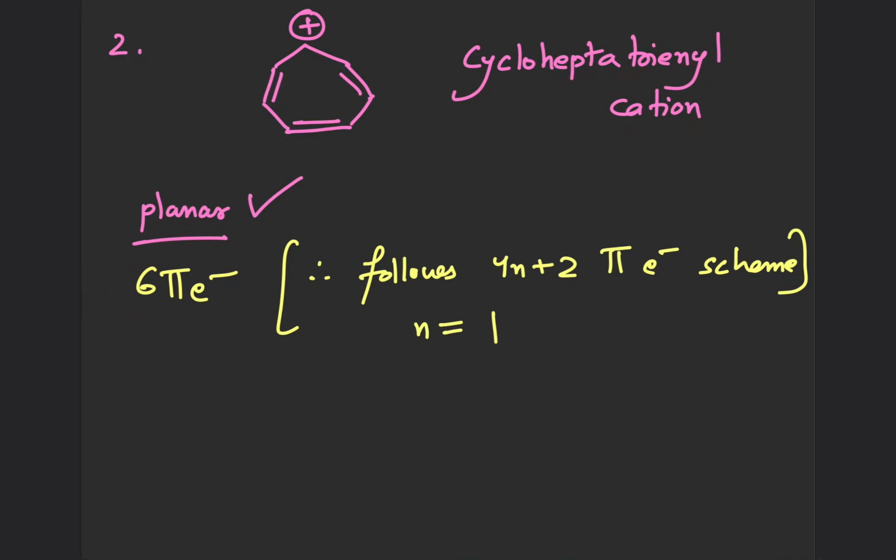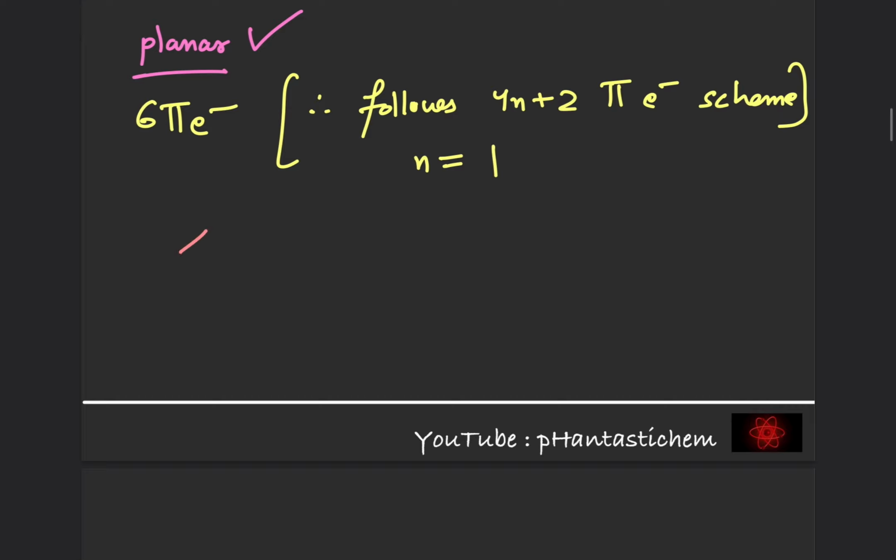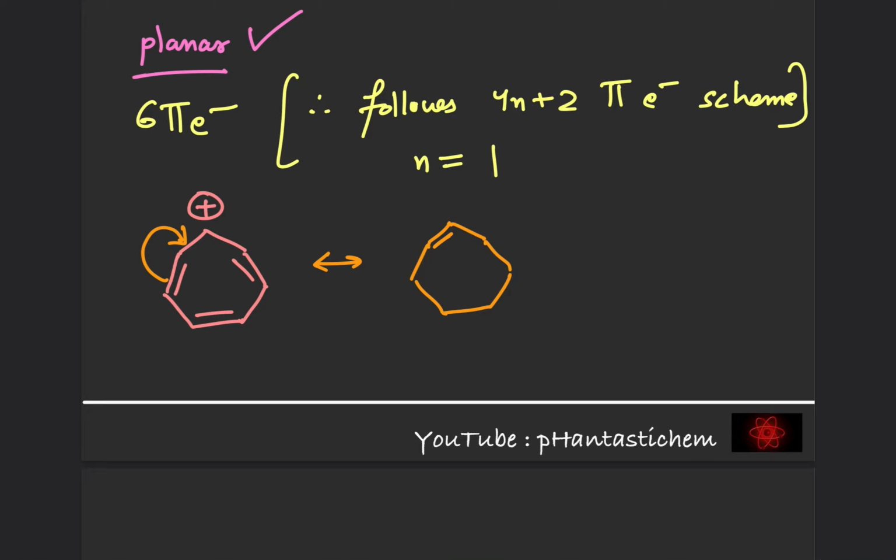If we draw the resonance structures, then we will understand how. This is the structure that we start with. I will move these pi electrons here, so this will come here, and there will be a positive charge here, and a pi bond.